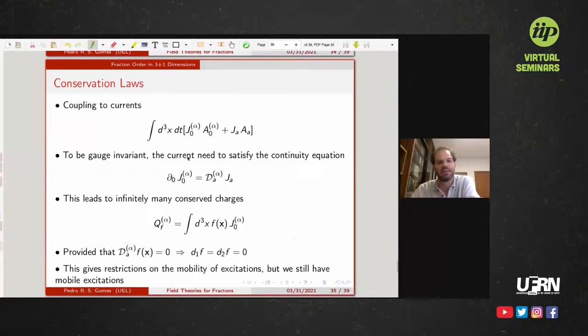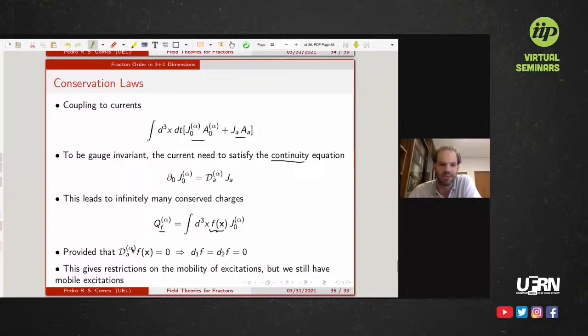So again, we can couple 2 external currents and the requirement to be gauge invariant leads to a kind of continuity equation like this. And one interesting property of this continuity equation is that it leads to infinitely many conserved charges, which are parameterized in terms of a function f, which is annihilated by the big D operators, right?